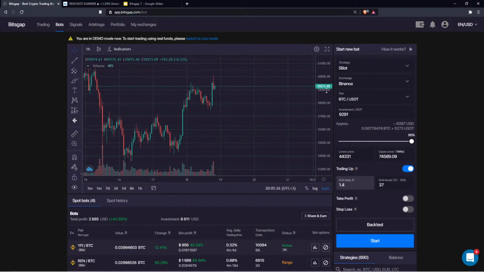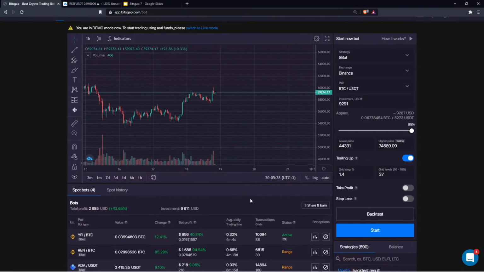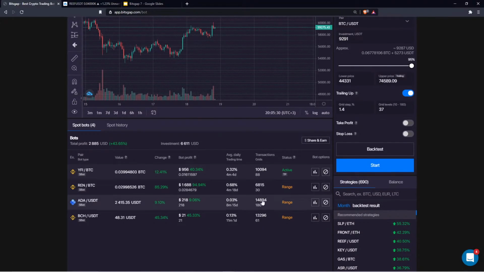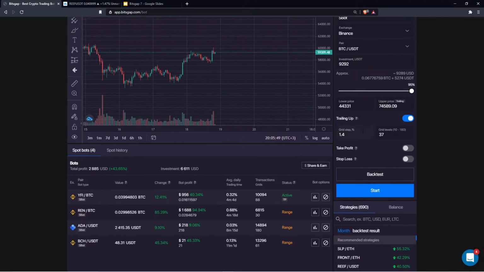So that's my trading setup for bots in most cases. Even though I have some sample trades where I have 180 of the maximum grid levels, but this is a sample trade for you. You see, it's already 8 months since I launched it. Usually on my real account, whenever I trade, I stick with the grid step of 0.8 up to 1.4 approximately.